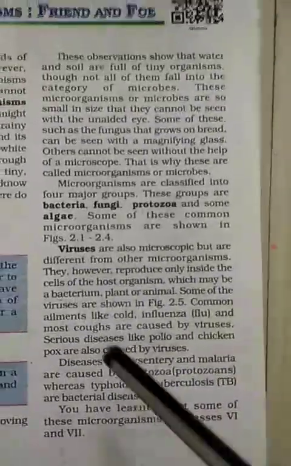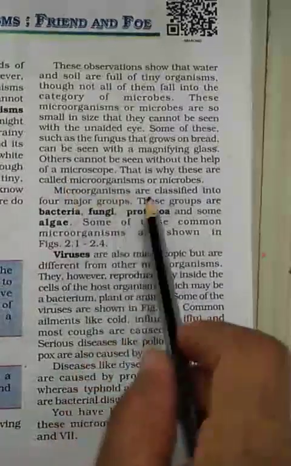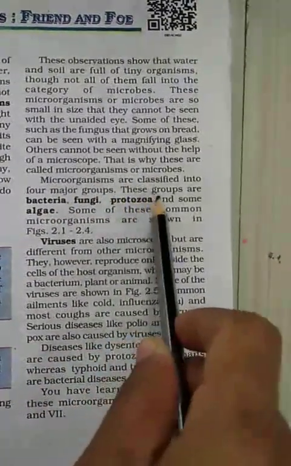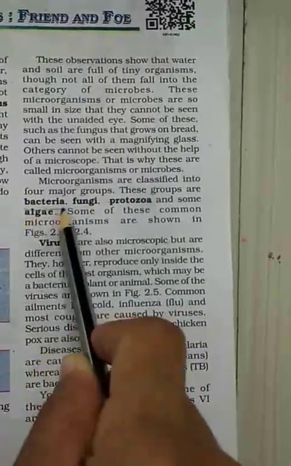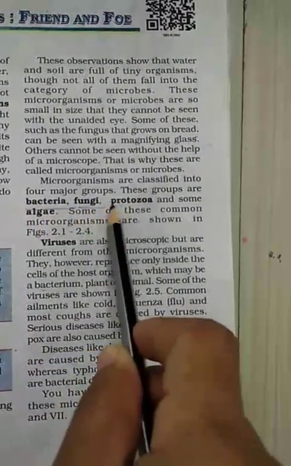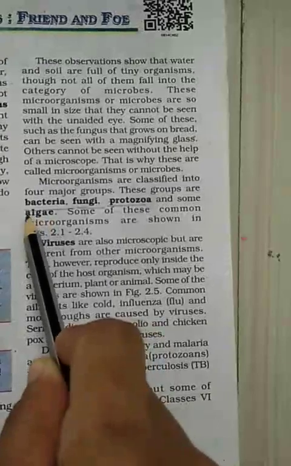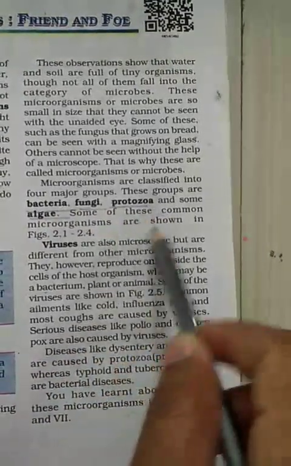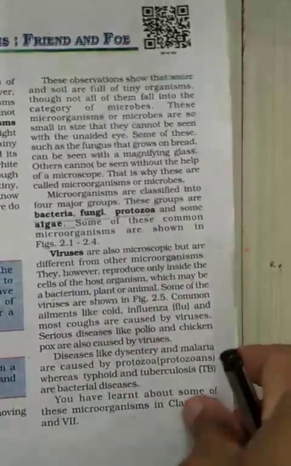Then these microorganisms are also classified into four major groups, and these groups are bacteria, fungi, protozoa, and algae. Of these, common microorganisms are shown in this figure.